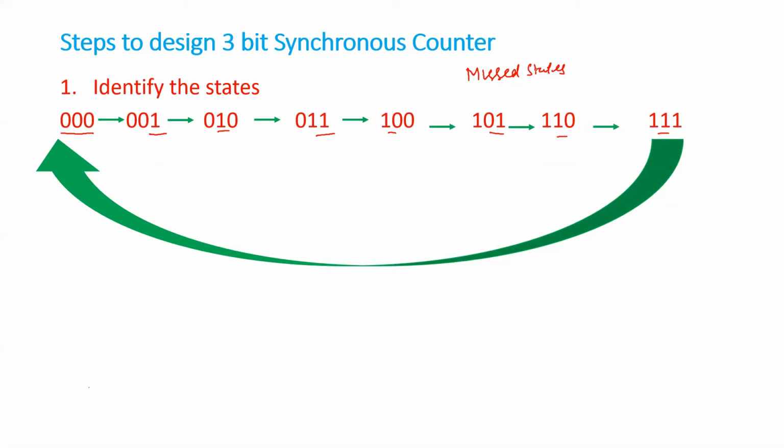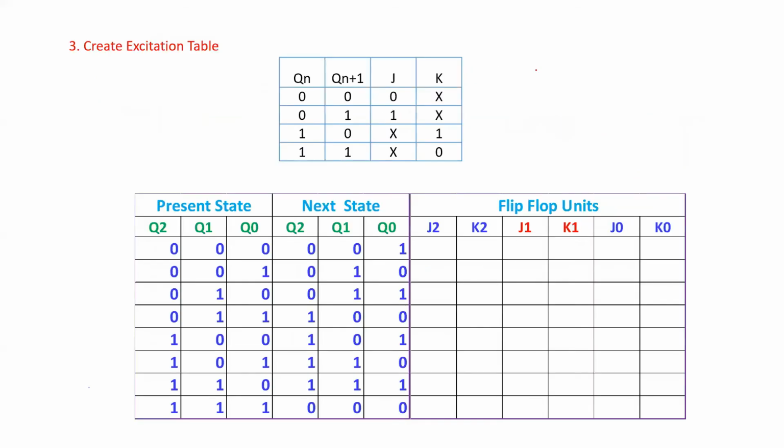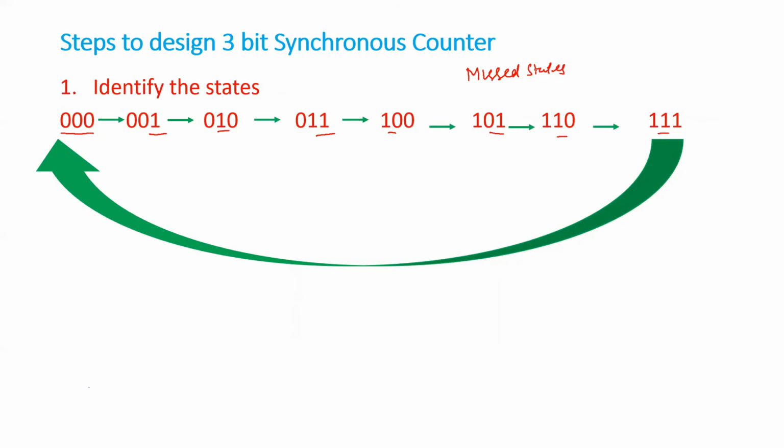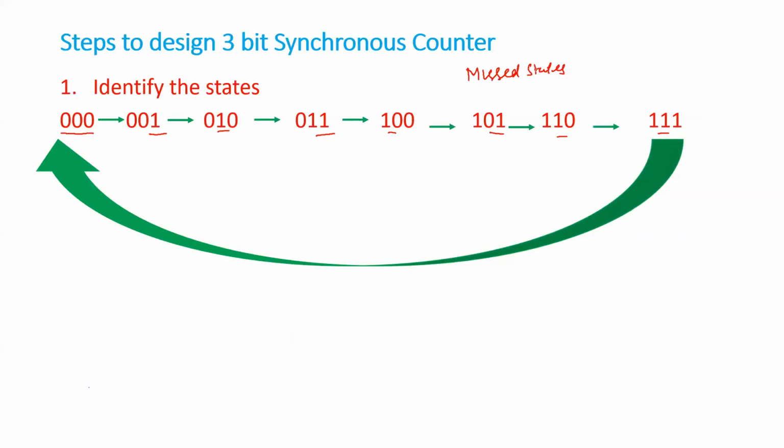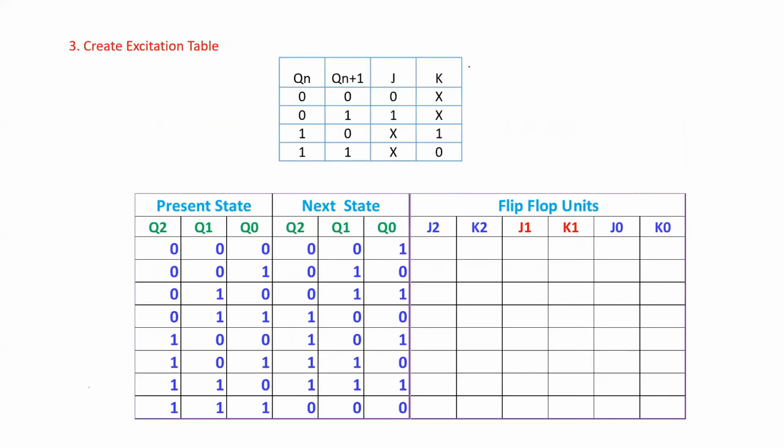The next step is to create the excitation table. So first is identify the states, second is the required sequence, and the third step is to create the excitation table. Now we are going to design this using the JK flip-flop. It's quite simple.